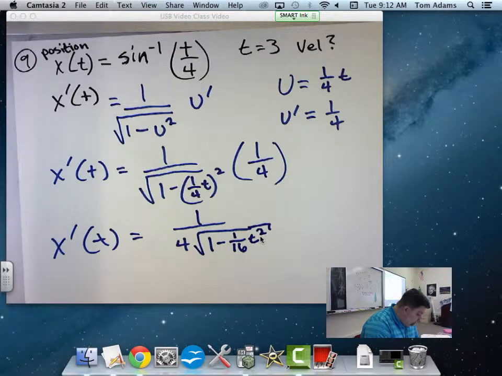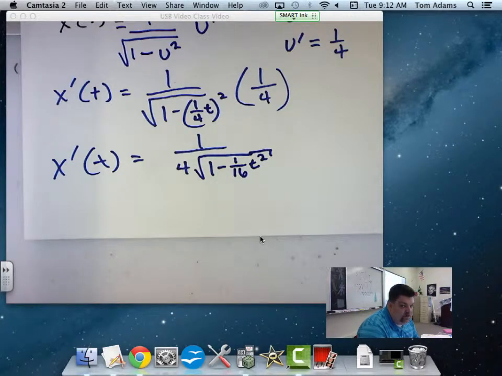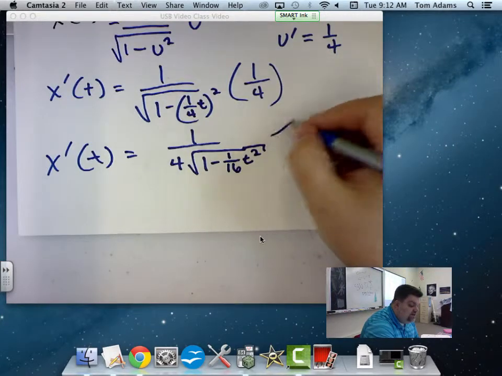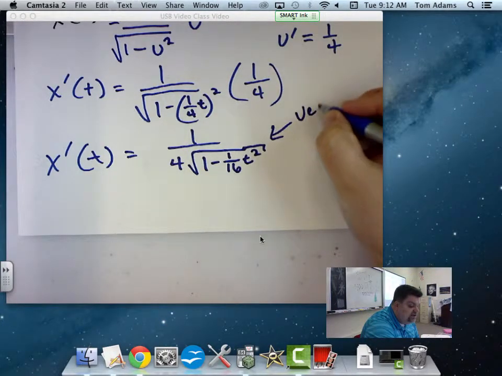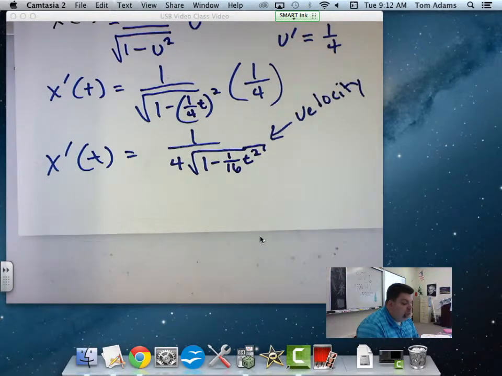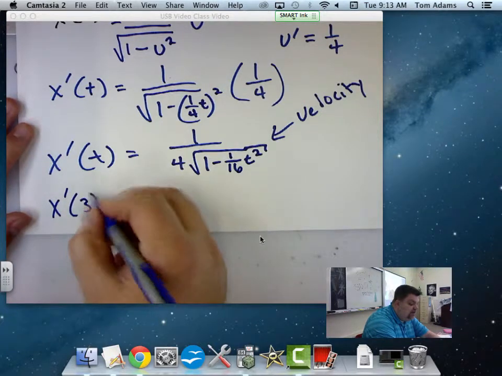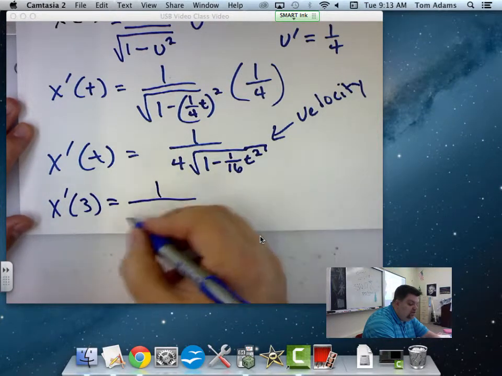Now you could clean that up a little bit if you want to, but we don't need to, because really the next step is to evaluate that at 3. So what we've done is, this is my velocity equation, right? The derivative of the position equation is the velocity equation, and I want to know what it is when t equals 3.